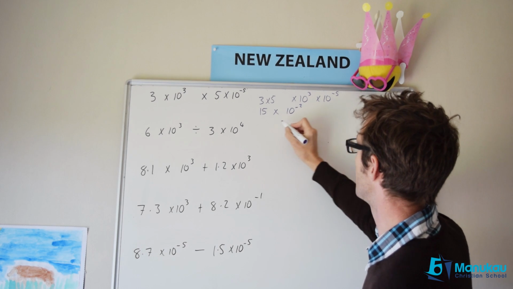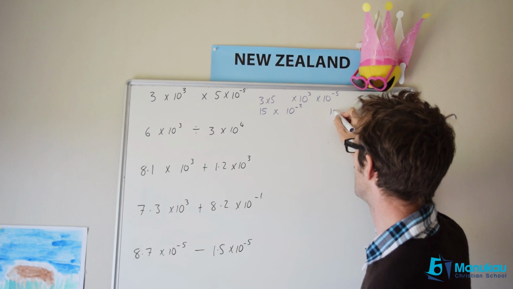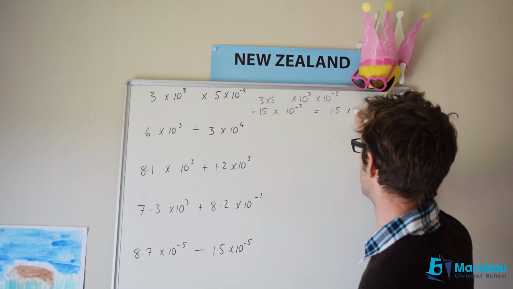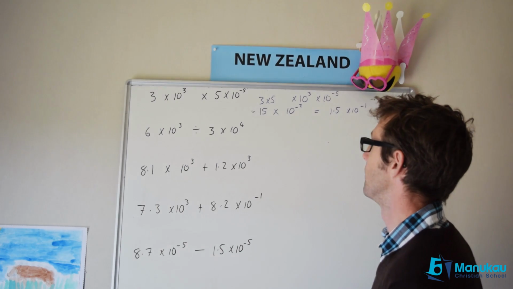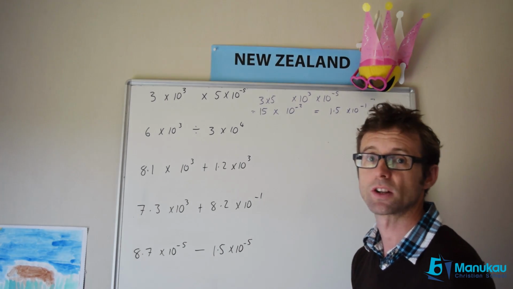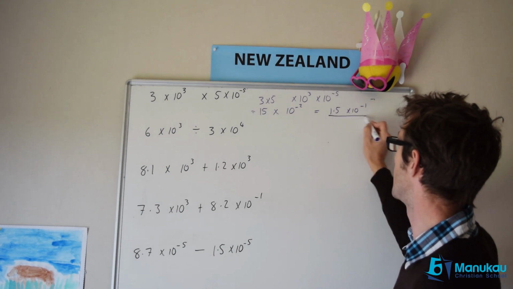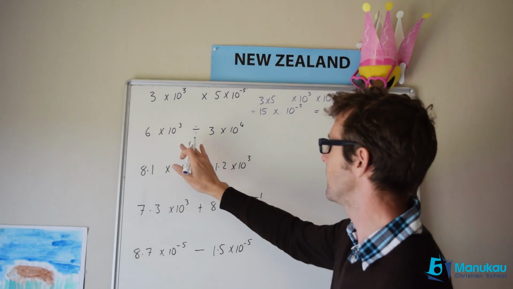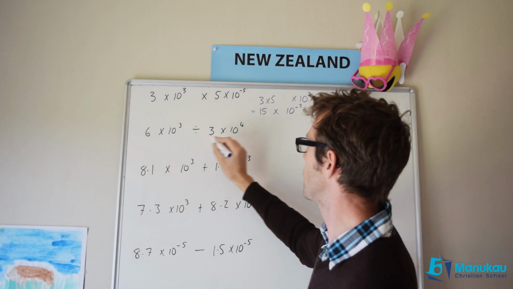And so we can say that is equal to 1.5 times 10 to the negative 1. They are the same, and we wanted to keep our answer in standard form, so that's why I've moved from here to here. Okay, let's have a look at this one here. 6, so we're going to use the same logic.